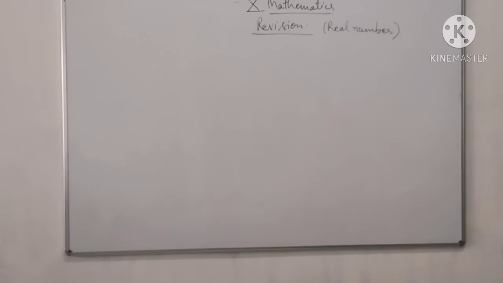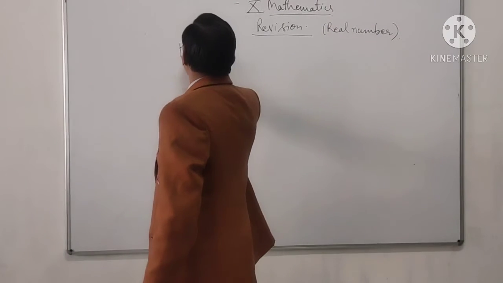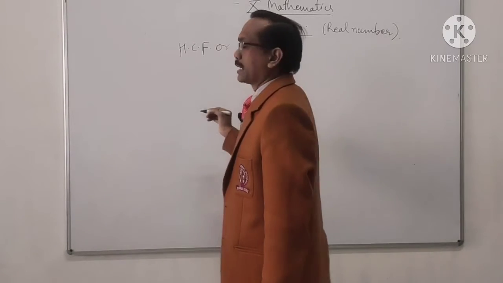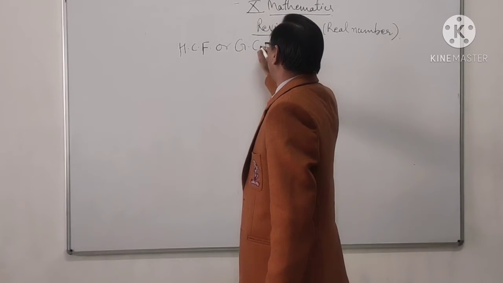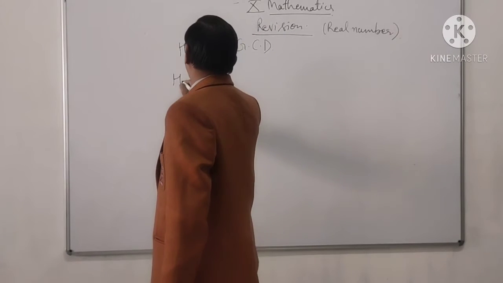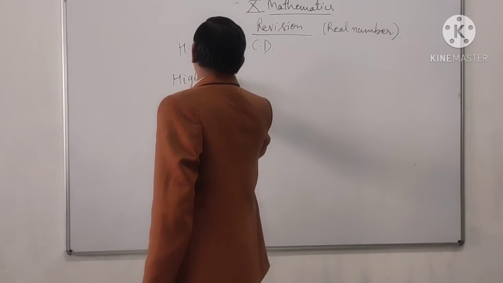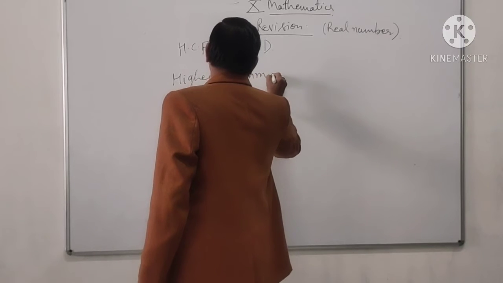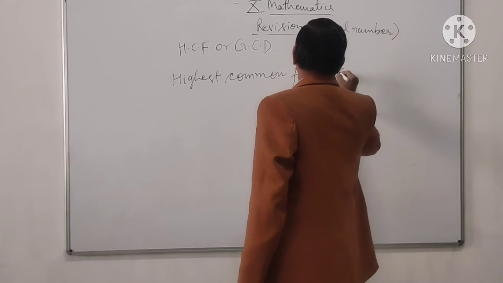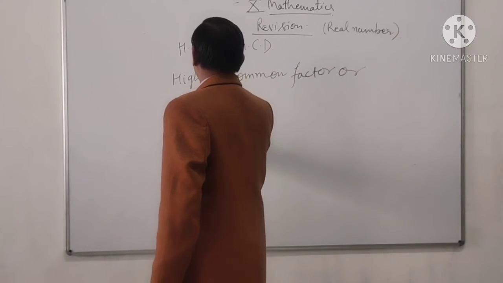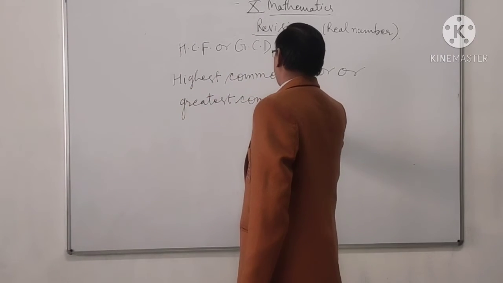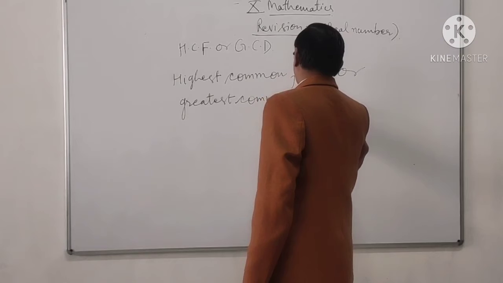Now students, next is HCF. It is also called GCD, greatest common divisor. It is the highest common factor, or it is also called the greatest common divisor.